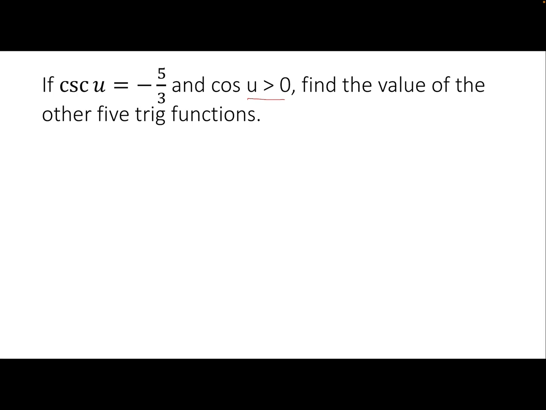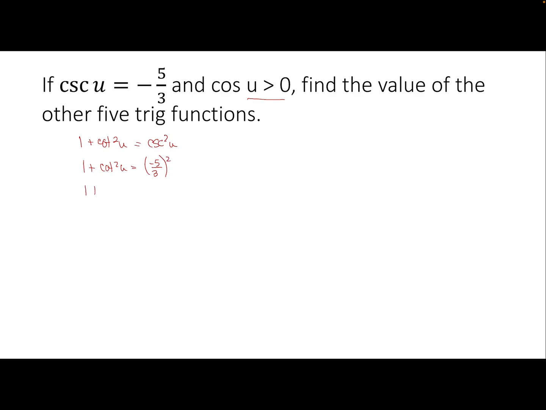So from before, we realized that 1 plus the cotangent squared of u has to be equal to the cosecant squared of u. And so 1 plus the cotangent squared of u has to be negative 5/3 squared.